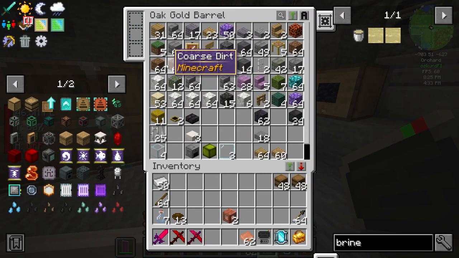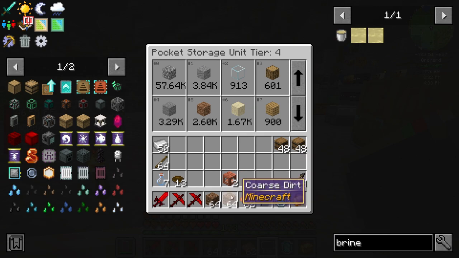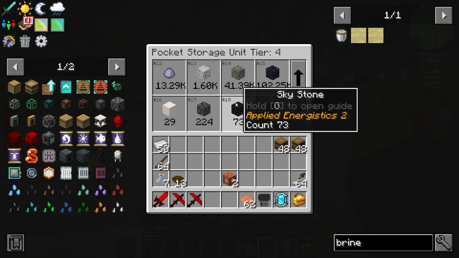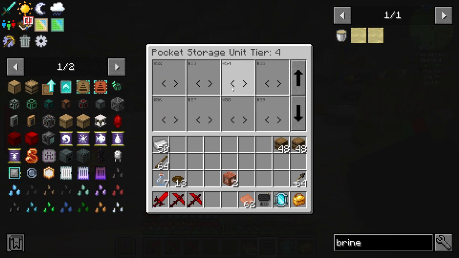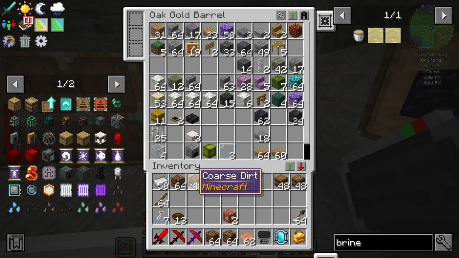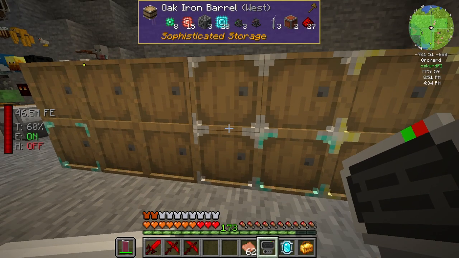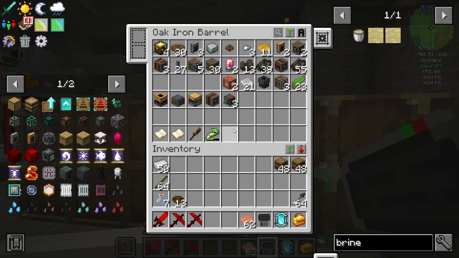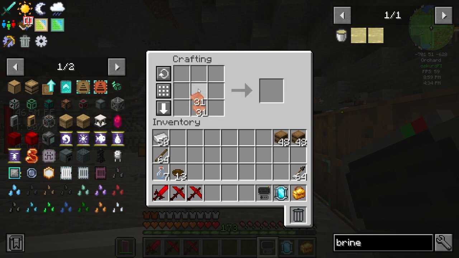We have so much coarse dirt. I can have these in my storage. I think I had coarse. Yeah, there it is. Not as lush. Oh, well, in that case, we don't want that. Never mind. Okay, let's put these back in here. And now we need just to make these tanks.